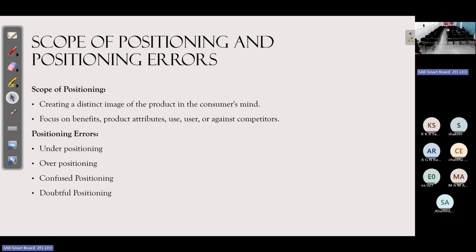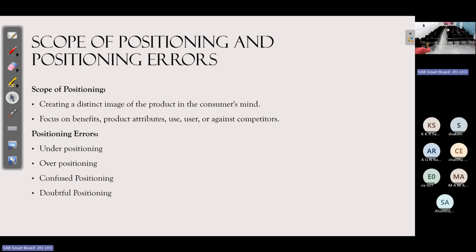Then overpositioning means they give information, but specifically relevant to one area. Their product may focus on one specific segment, or they are only talking about one area of the product. For example, they are only focusing on how luxurious the product is.